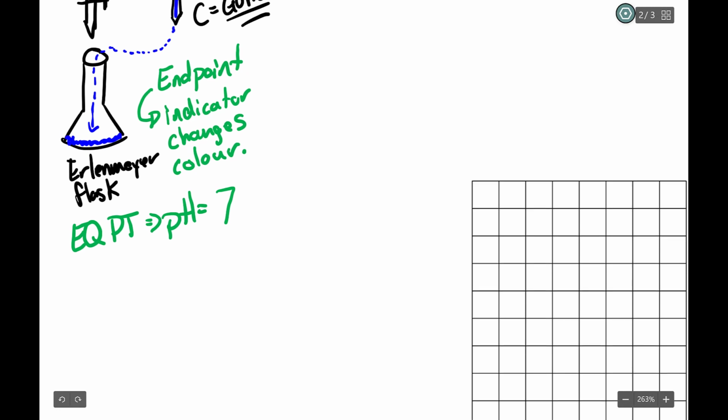If you were to look at something to use as an indicator that changes color close to 7, probably the most common one used would be bromothymol blue.